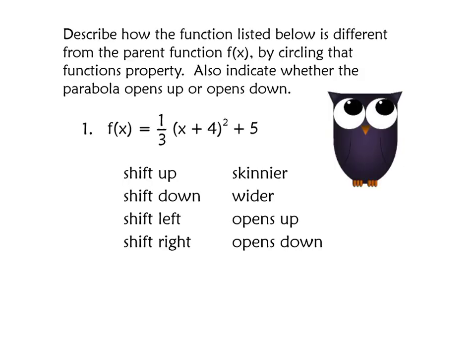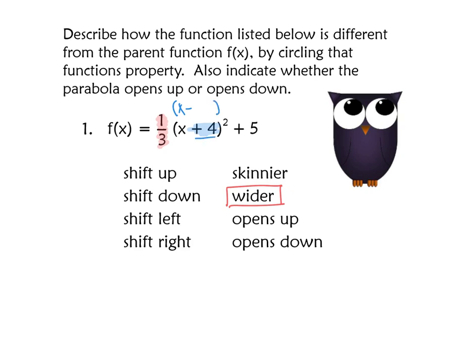Now that you're done doing the quiz, we'll do a few more examples. It says, describe how the function listed below is different from the parent function by circling the function's property. Also indicate whether it opens up or down. So we'll just go through one at a time. Starting with this 1/3, it's a fraction that's between 0 and 1, so that means it is going to get wider. I have this plus 4, and we talked about earlier, the formula is x minus and then a number.